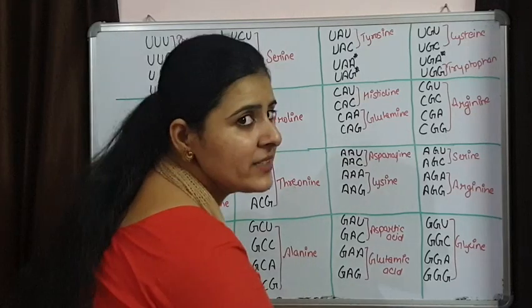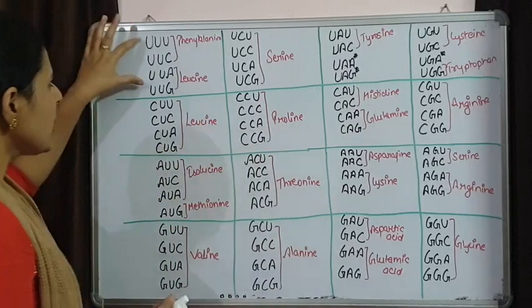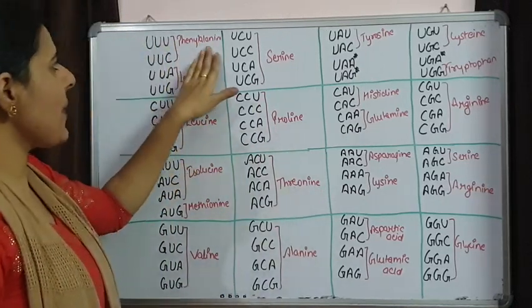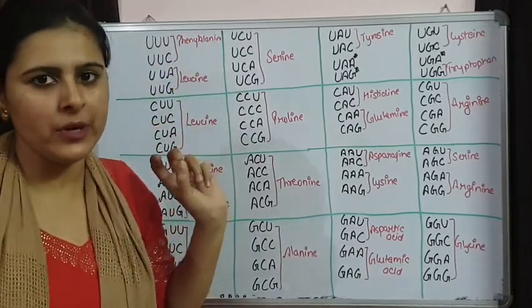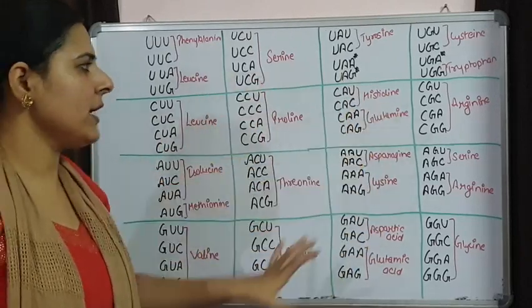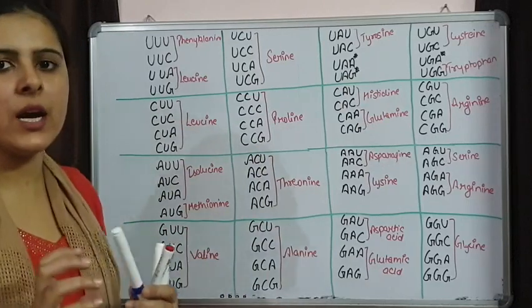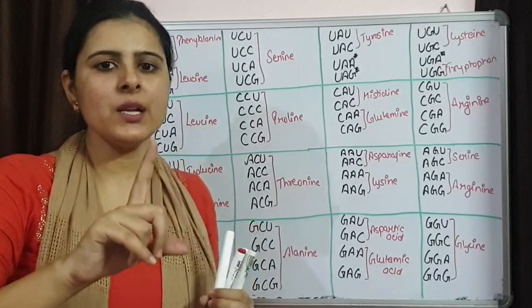This is the standard genetic code which I have drawn. So these are the codons, again triplets, and these are the amino acids for which these codons are coding. If we need to understand this table, you will find that some of the amino acids are coded by only one single codon.